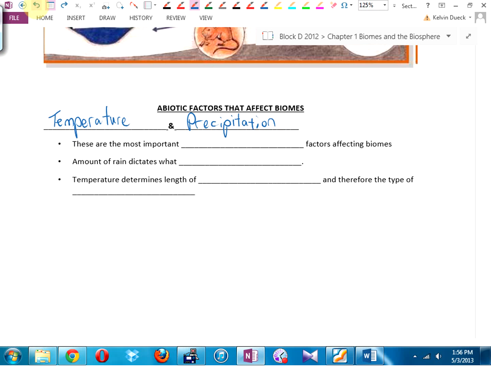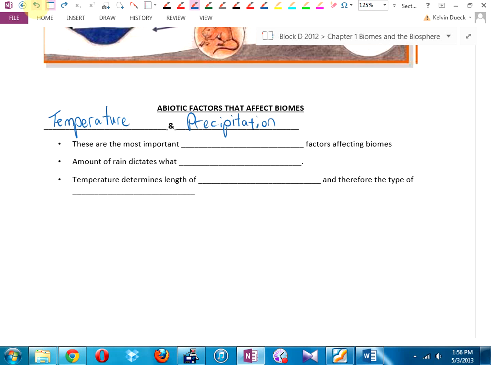If you're on different parts of the planet, in 2 different areas, and they have similar temperatures year-round, and similar amounts of precipitation from month to month, the odds are pretty good they'll have similar biomes. They'll have similar vegetation, similar plant life. Those are the two that dominate the most. There are other abiotic, non-living features, but those are the two big ones.